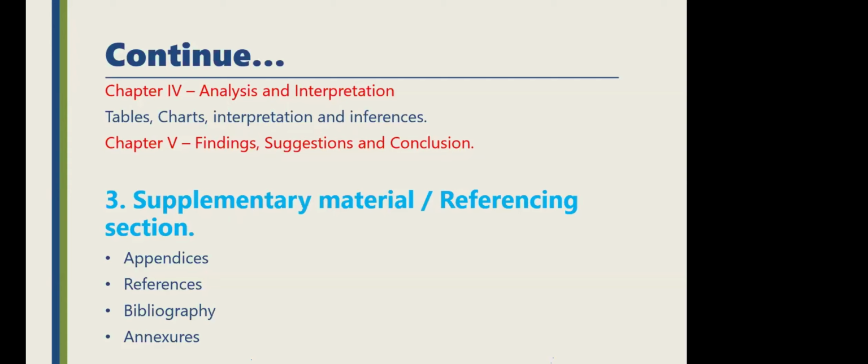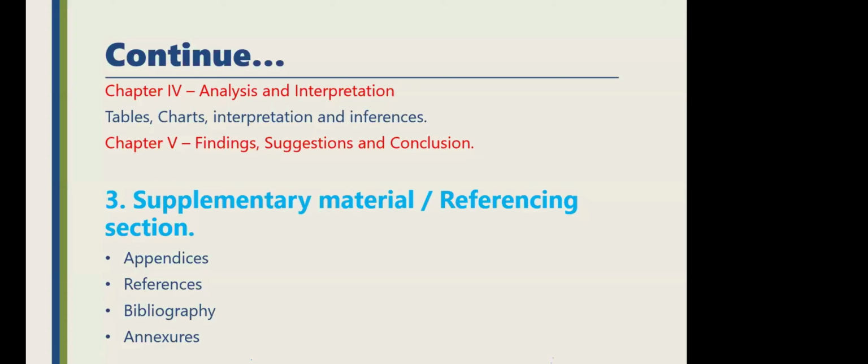You should ensure you are following the appropriate citation style while listing the references, whether you are using APA style or MLA style.